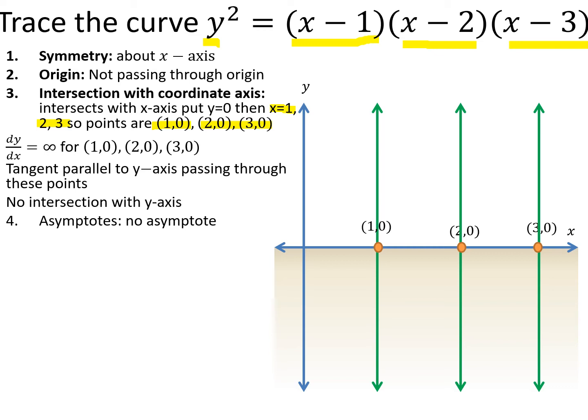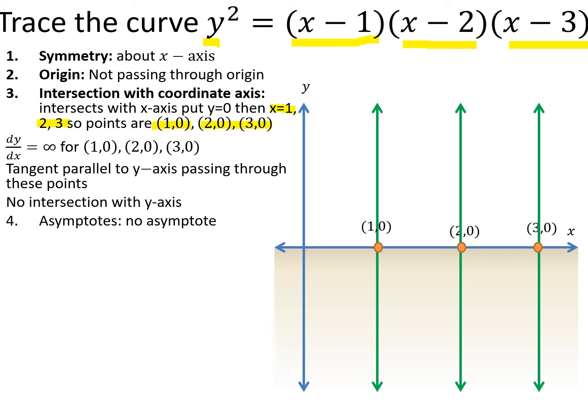That means there is no asymptote parallel to the x-axis. Similarly, the highest power of y is 2 and the coefficient of y square is 1, which can't be 0. So there is no asymptote parallel to the y-axis also. So in all, there is no asymptote.